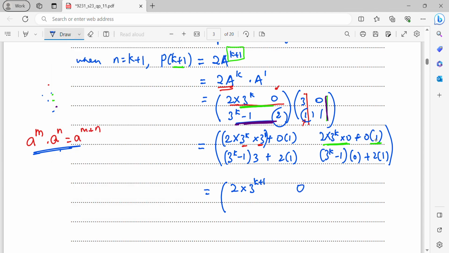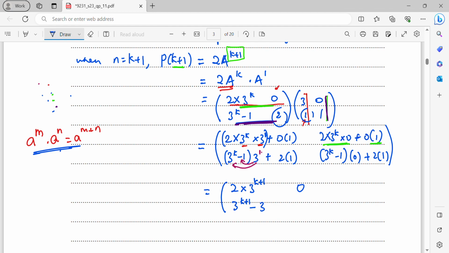So I'll get 0. And now, the second row, first column, this 3 multiplies to minus 1 as well. So again, this is 3 power 1. So 3 power 1 times 3 power k, I will get 3 to the power of k plus 1.